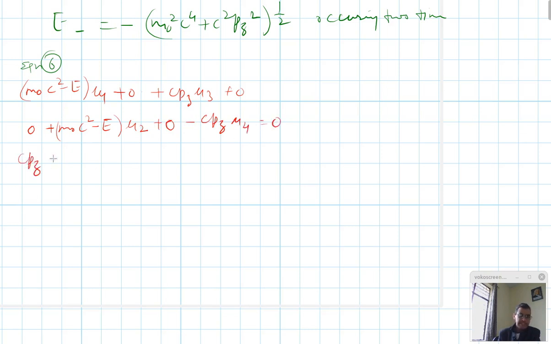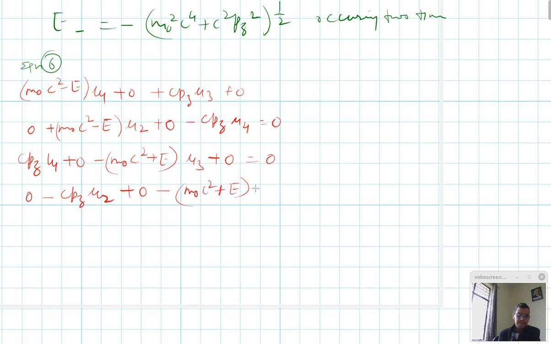Here it is cpz u1 plus 0 minus (m₀c² + E)u3 plus 0 is equal to 0. 0 minus cpz u2 plus 0 minus (m₀c² + E)u4 is equal to 0.